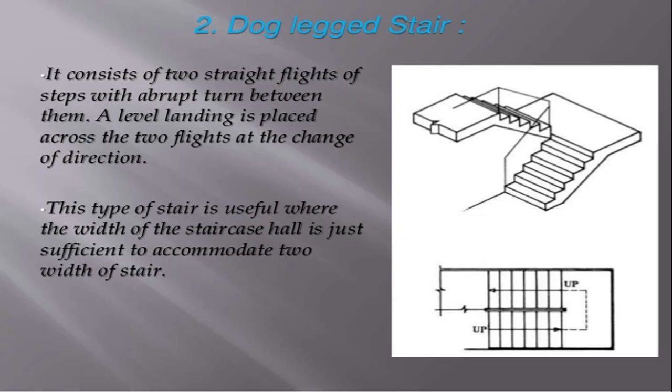So there we can't able to provide a straight stair. If we provide straight stair means we have to what? We have to increase number of steps and the height of the floor will also be increased. So it's not possible. Okay. So here the possibility is using of dogleg stairs.